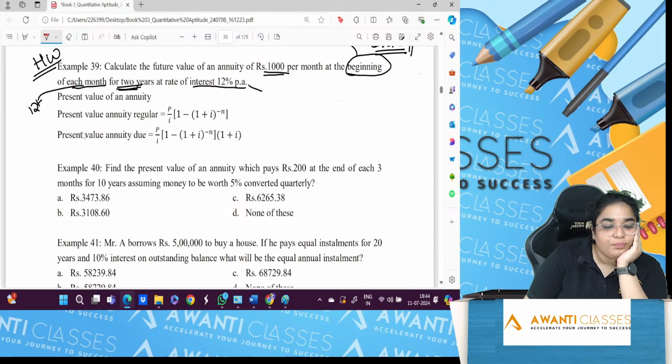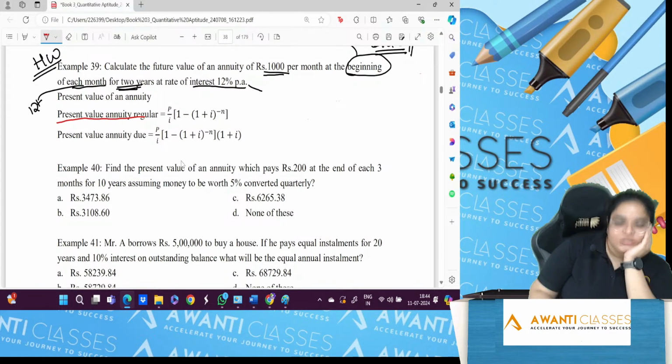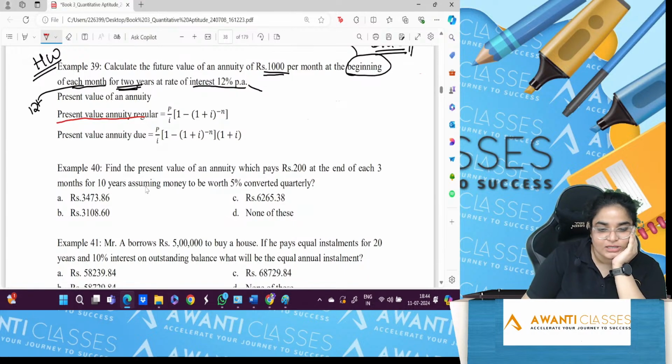Now, this is the present value of annuity regular. Let us just look at this question. You'll understand what they are asking. They have already given you the future value.